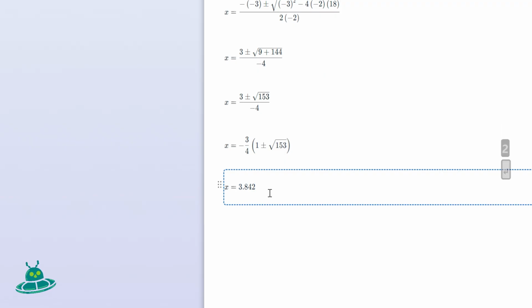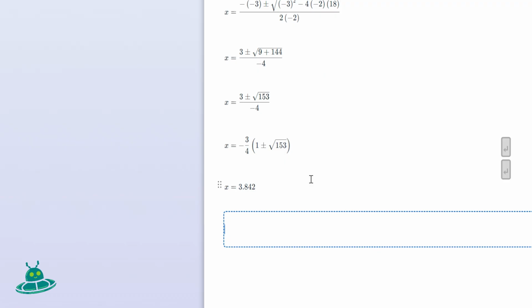And then for the next one, x is equal to, let's do the same equation, but instead let's do a minus. We get 2.342.